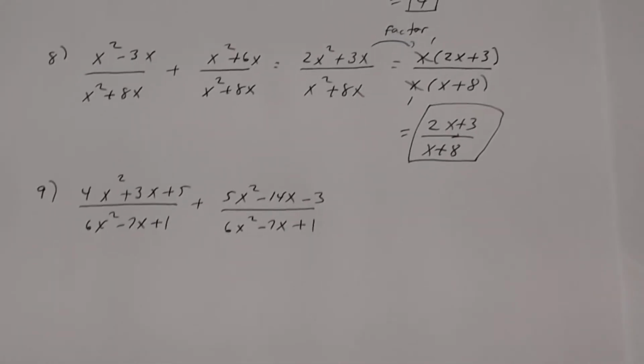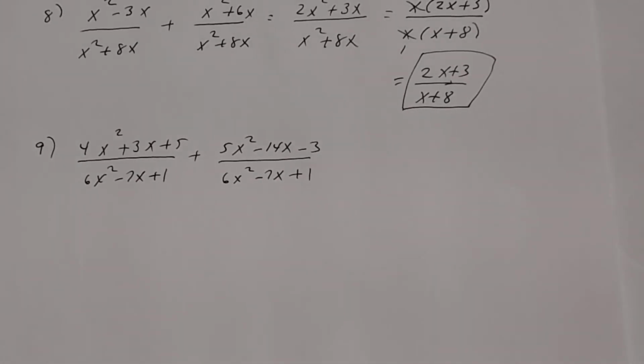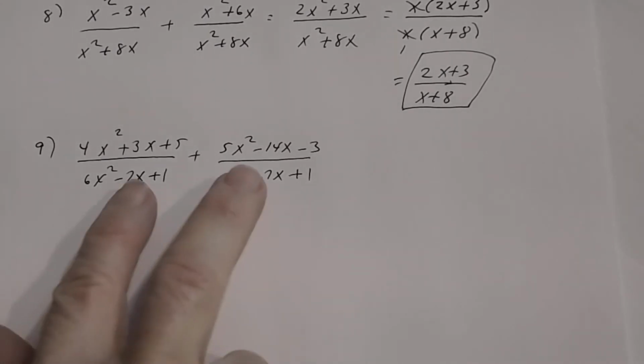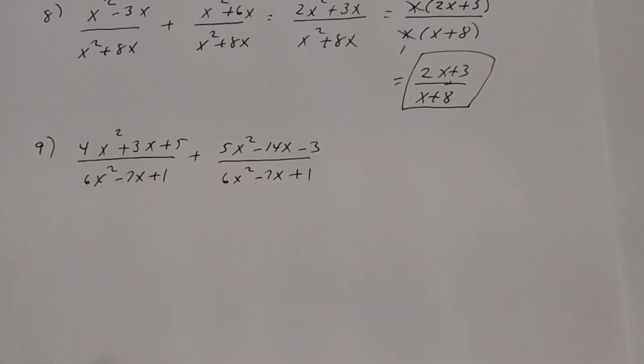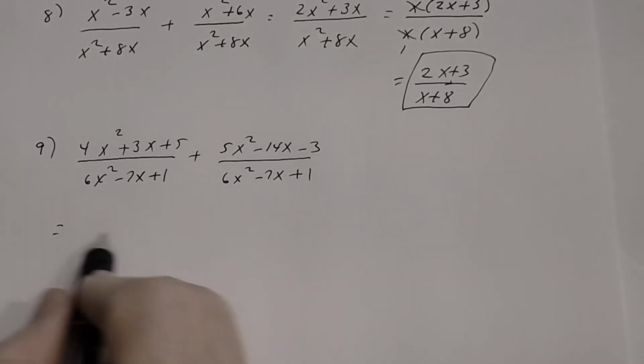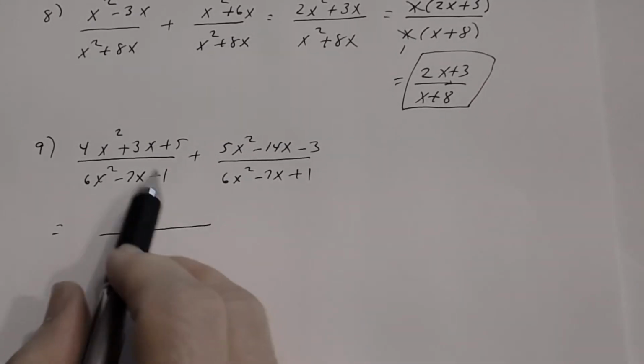All right, so we're going to add those two rational expressions. Again, notice that those two rational expressions have the same denominator, so the next step is to write this as one rational expression with that denominator.